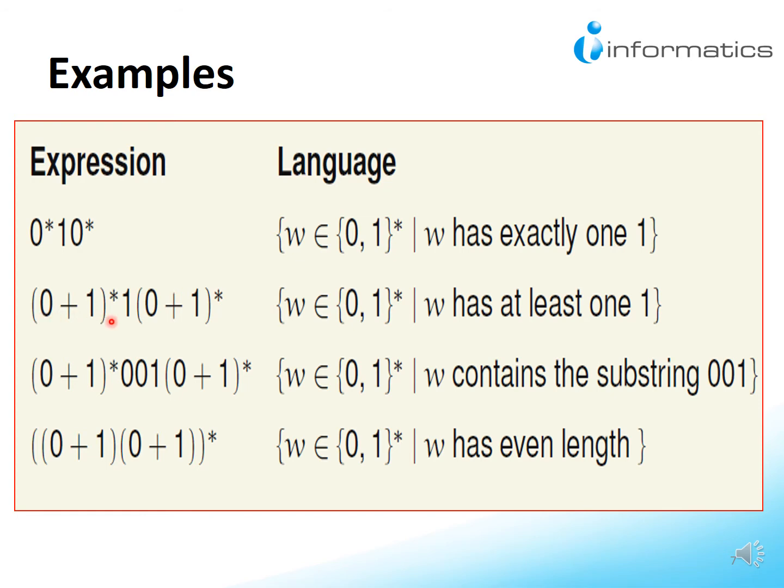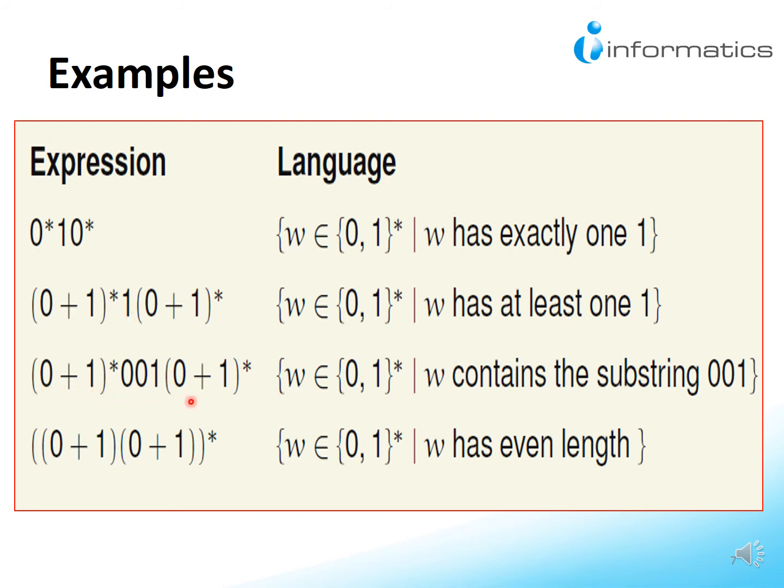This regular expression represents any number of 0s and 1s followed by 1 followed by any number of 0s and 1s. In other words, it's the strings that contain at least one 1. You may have many 1s in front and many 1s following it, but you must have at least one 1.